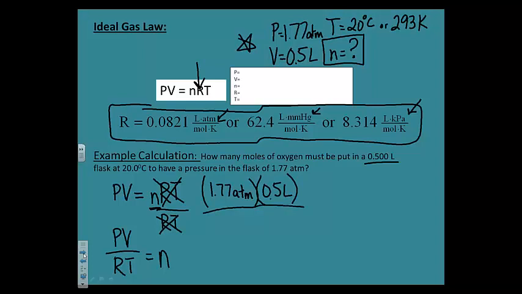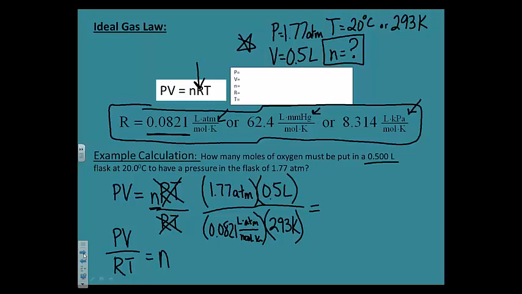And I'm going to divide by R and T. So the R value that I'm going to use this time is the 0.0821 because it has atmosphere in its units. And my temperature was 293 Kelvin.